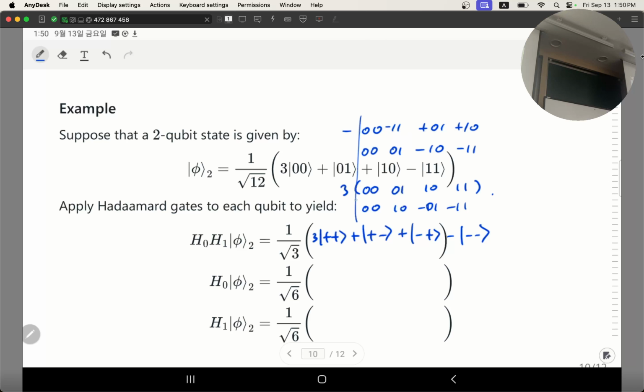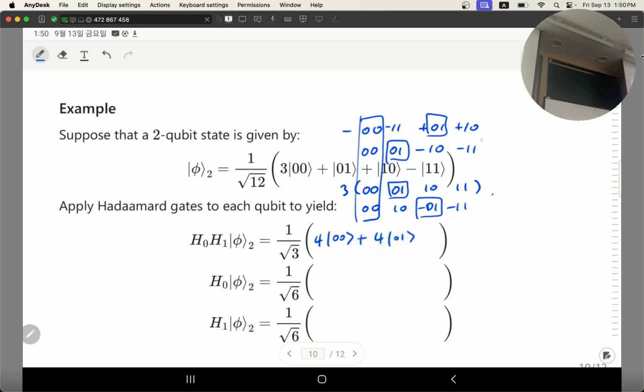So how many 0, 0s do we have? This becomes 4, right? 4, 0, 0. And then how many 0, 1s here? 1, 2, and 0 1s here. So we have 4, 4, 0, 1.